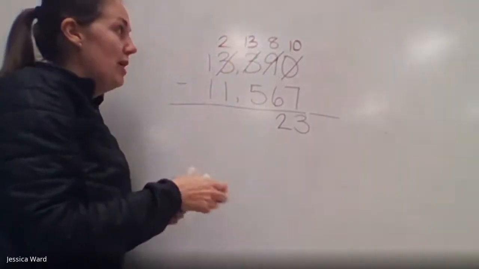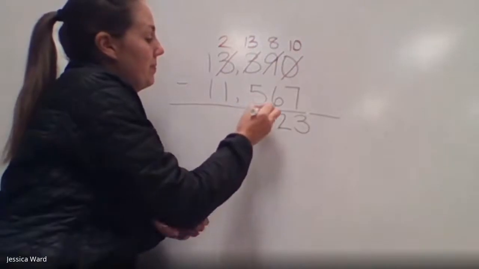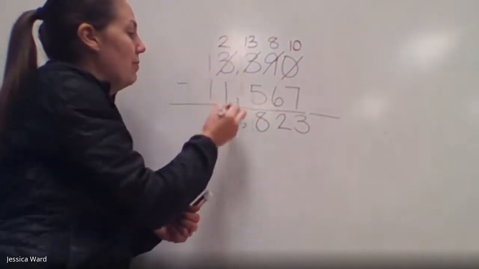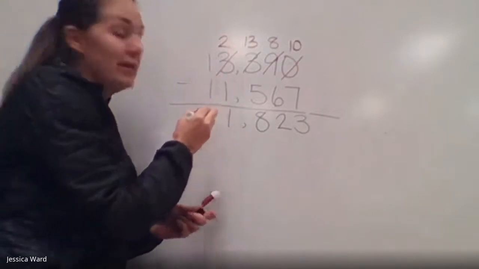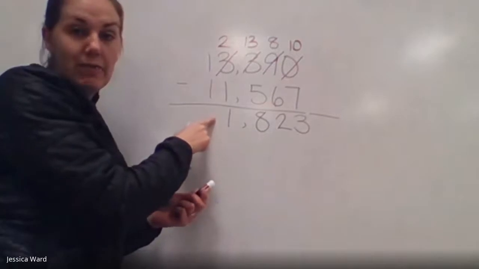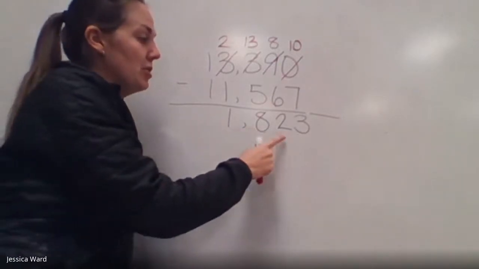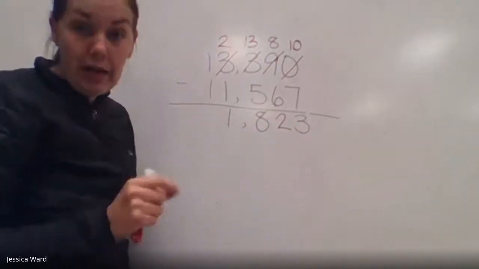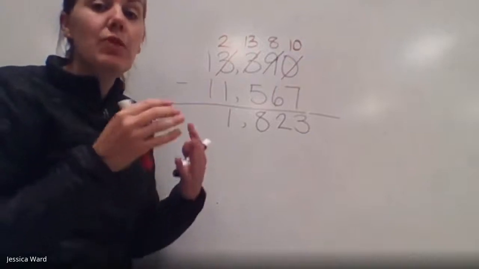Now I can subtract 13 take away 5 is going to give me 8. 2 take away 1 is 1. And 1 take away 1 is nothing, is 0. I'm not even going to write that because it's at the very beginning of my number. So my number that I'm left with is 1,823.